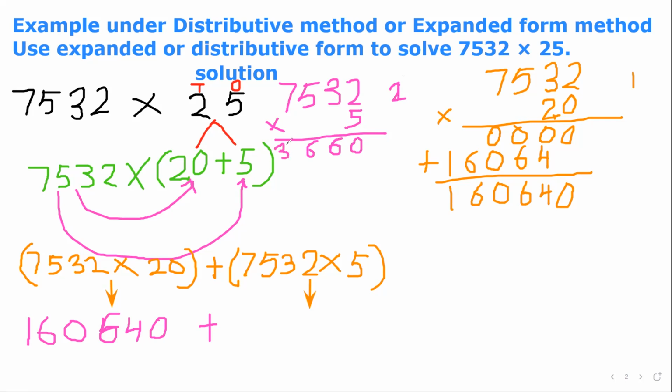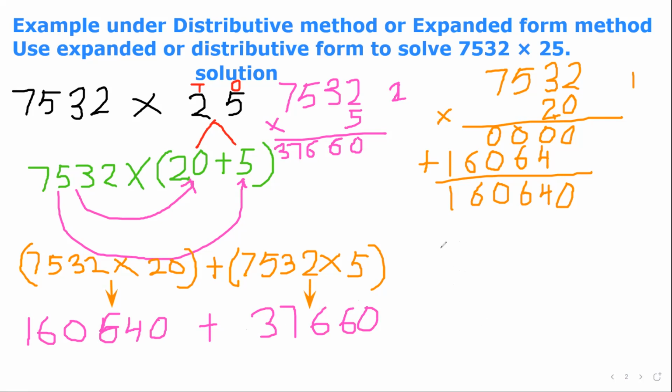So here is 37. Now 5 times 7,532, our answer here is 37,660.